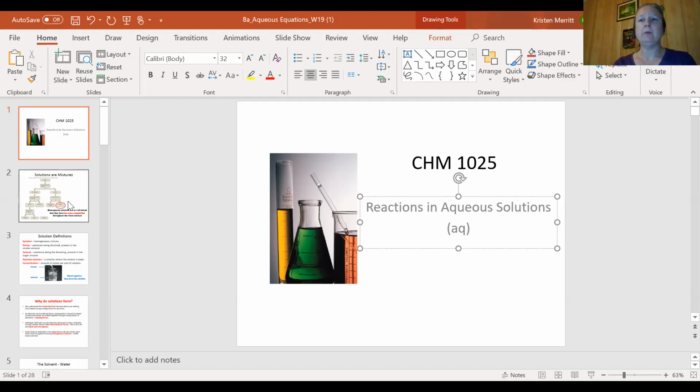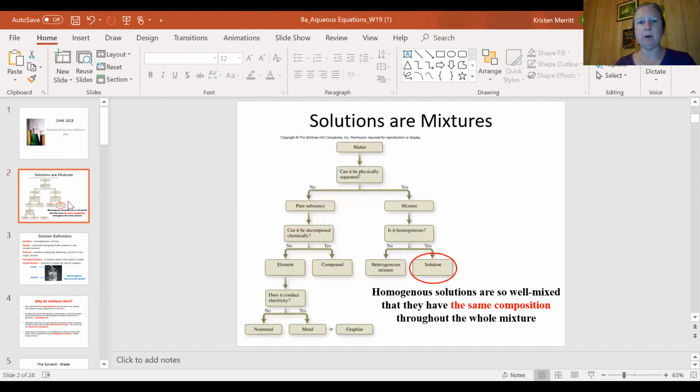So something dissolved in water can behave in any number of ways. But first, let's step back and talk about what a solution is, because it doesn't have to be aqueous necessarily. Solutions are homogeneous mixtures. So no matter where you sample a solution, you are going to get identical composition.